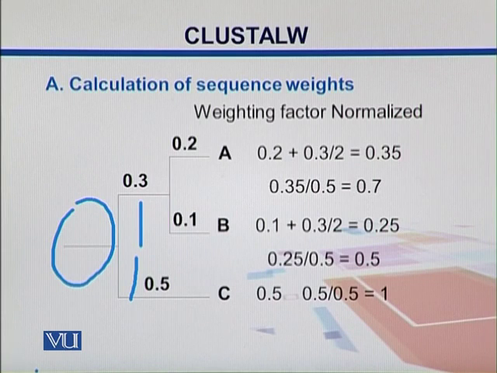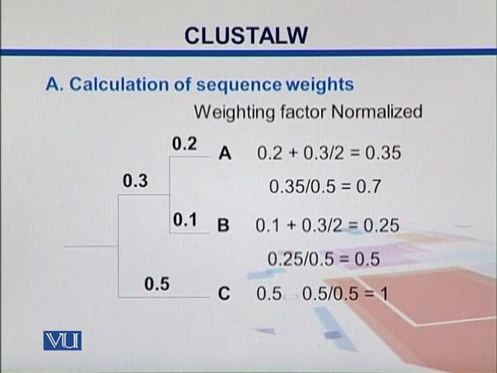Same way for B we came up with 0.5, and for C we came up with 1. So in this way these individual sequences are normalized with weighting factors, and this weighting factor normalizes these sequences on the tree.